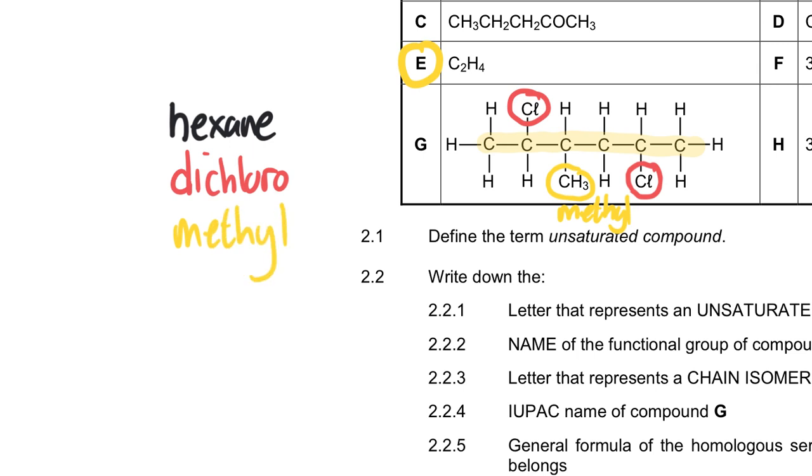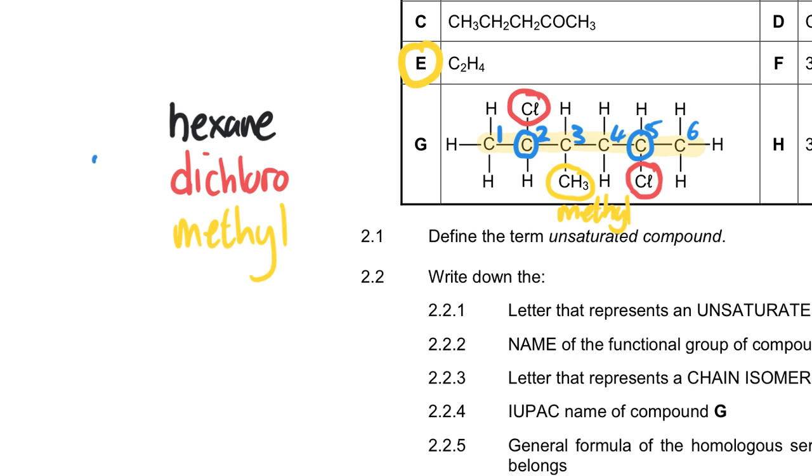Now comes the tricky part, because we've got to decide how we are going to number the carbons. Are we going to number the carbons from left to right, or from right to left? So let's take a look at that. If I number the carbons from left to right, 1, 2, 3, 4, 5, 6, then we describe the position of the chlorines by carbon number 2 and carbon number 5.